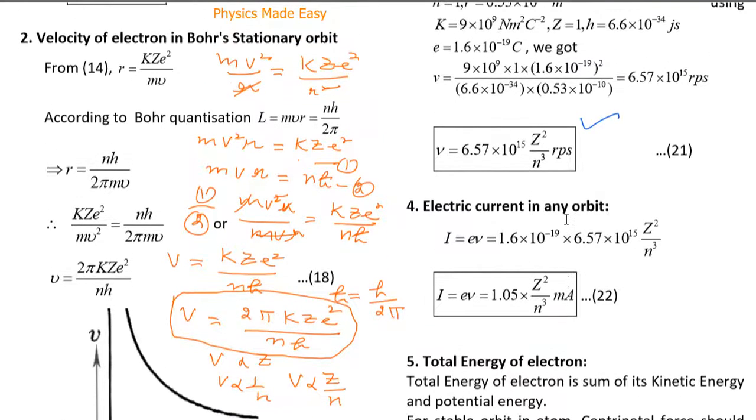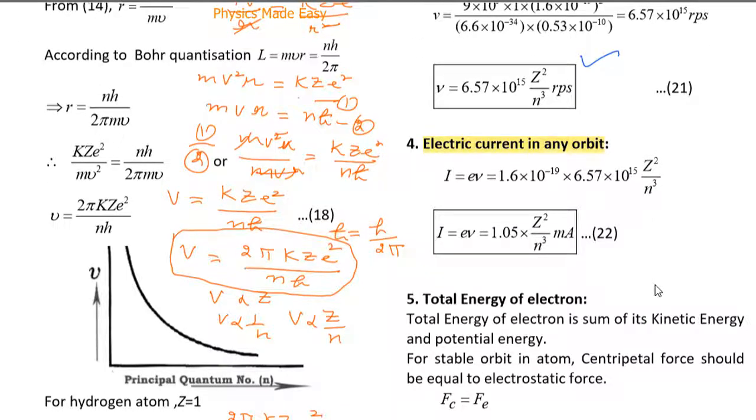And next is electrical current. As electrons are flowing in orbits, some current will be there. Electrical current I: we know the formula of I is charge flowing per unit time, and this will be equal to e into frequency nu.